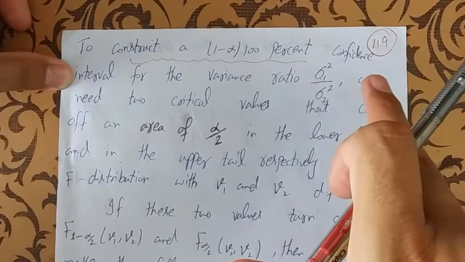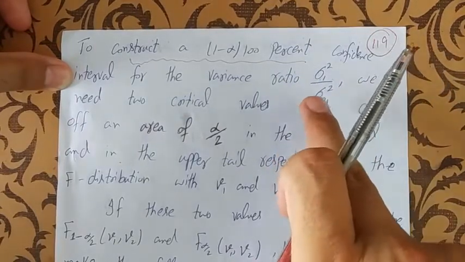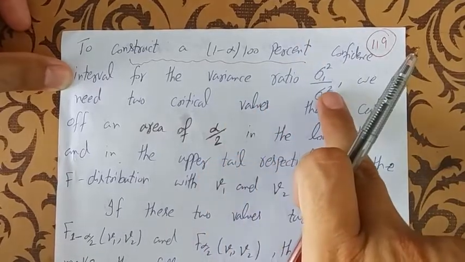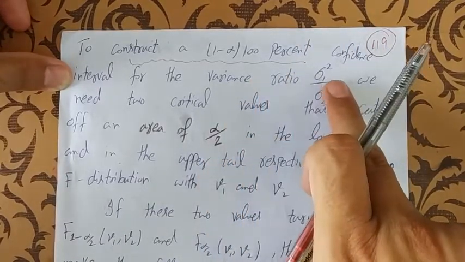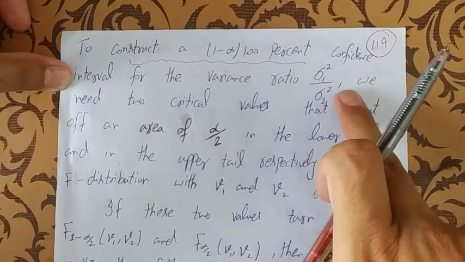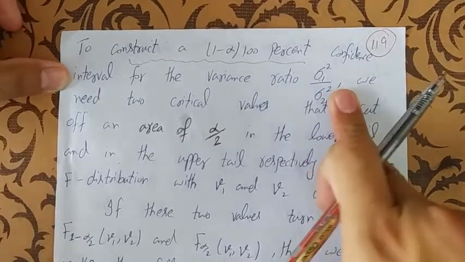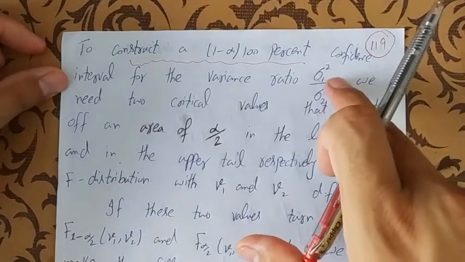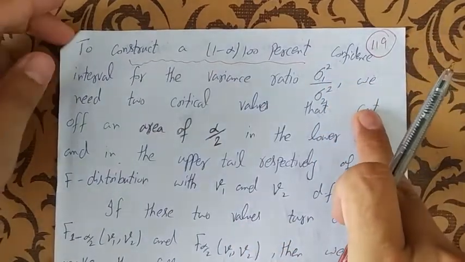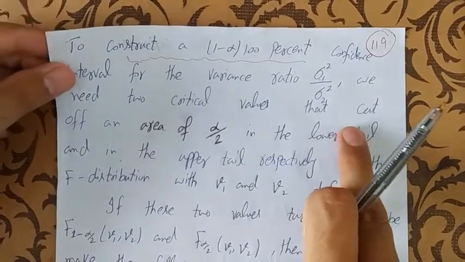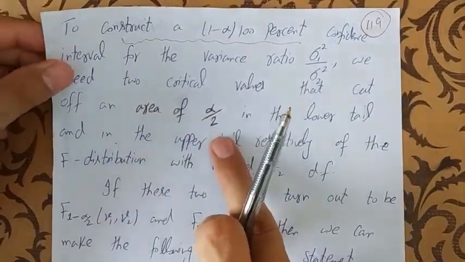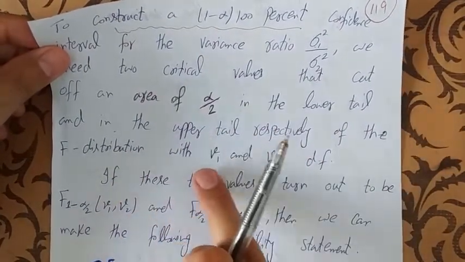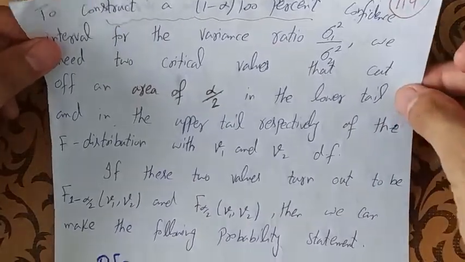In the F distribution, the problem gives the variance ratio for the confidence interval, that is sigma 1 square over sigma 2 square. These are the population variances. We need two critical values that cut off an area of alpha by 2 in the lower tail and in the upper tail respectively of the F distribution with nu 1 and nu 2 degrees of freedom.